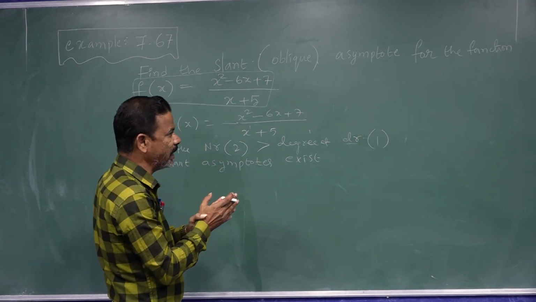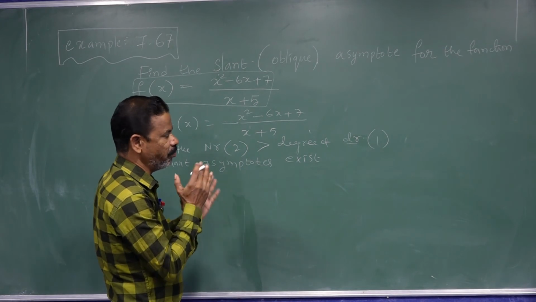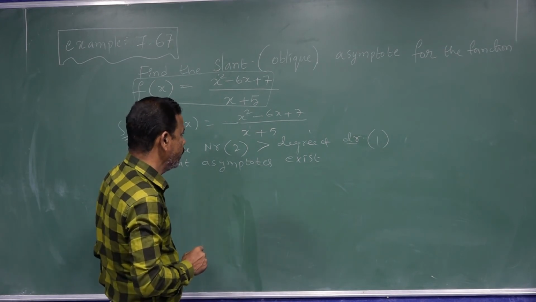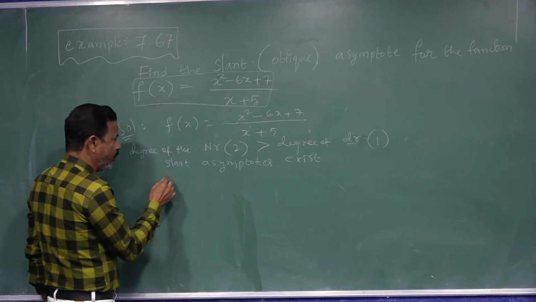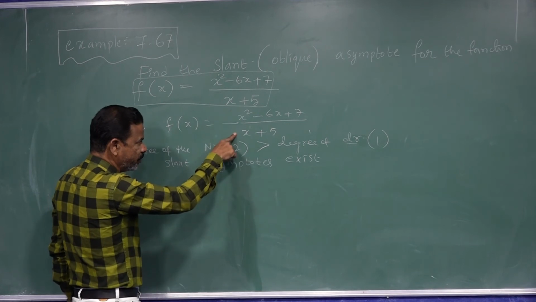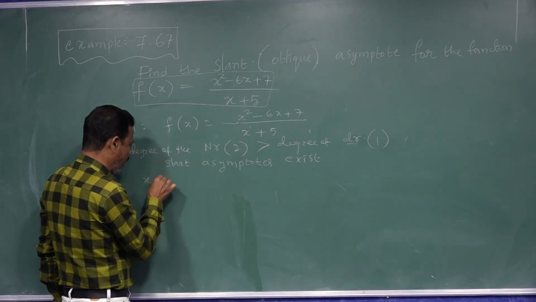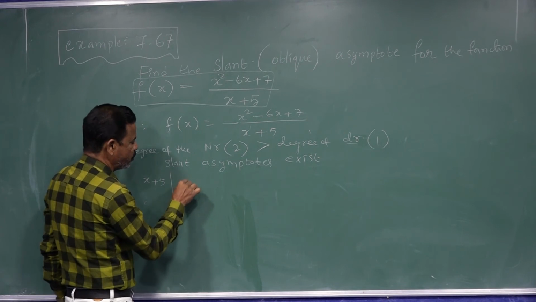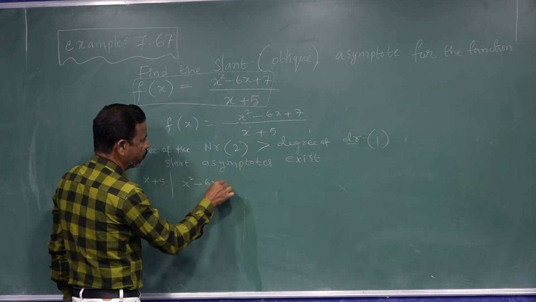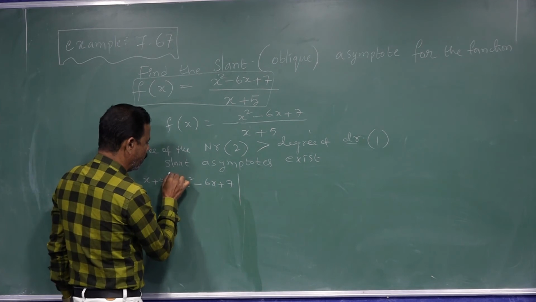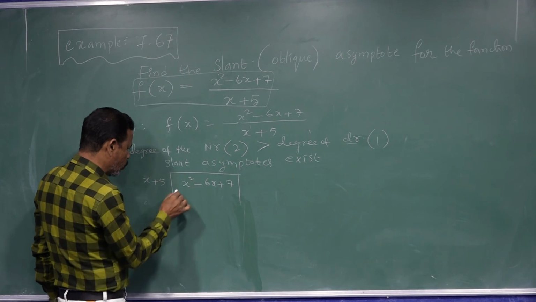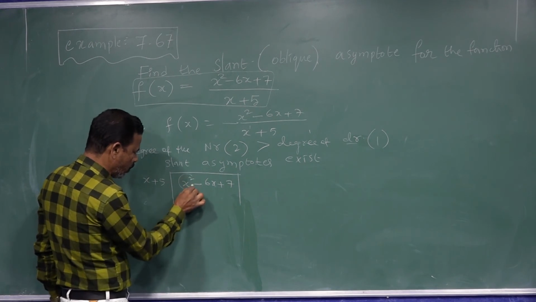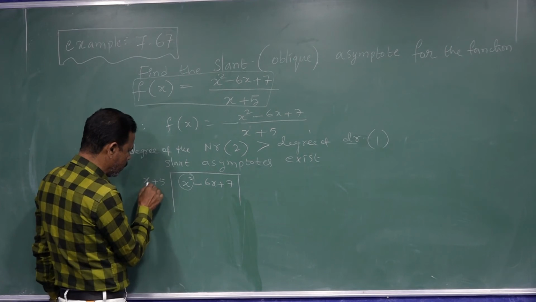So how do we find the slant asymptote? First, we divide the numerator by the denominator. x plus 5 into x square minus 6x plus 7, by long division. The suitable first term is x: x into x is x square.